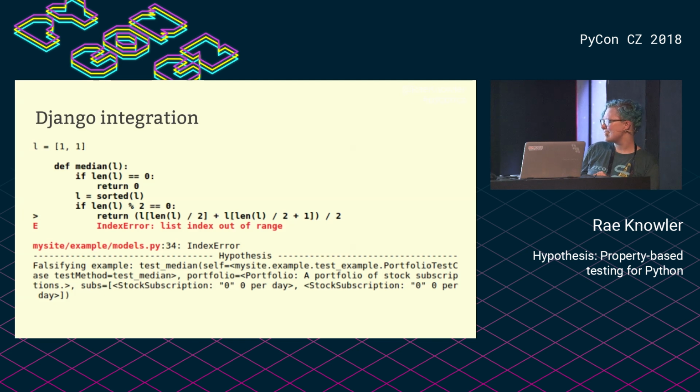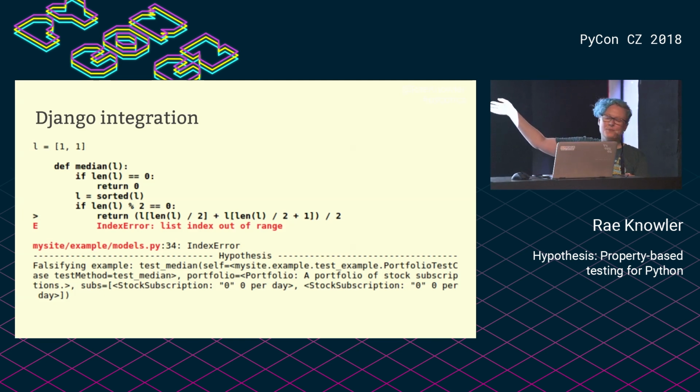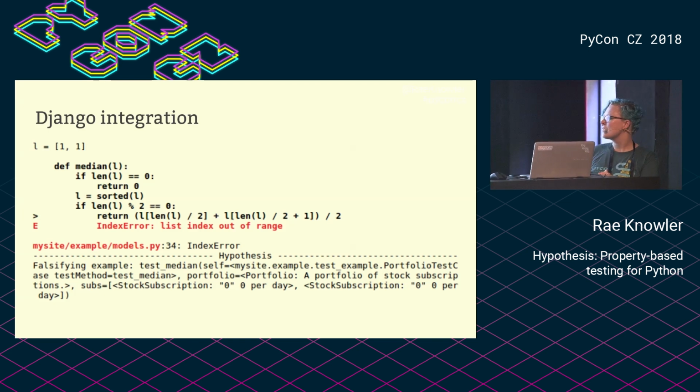Index error, list index out of range. I was not expecting this. And looking down at the falsifying example, it tells me this fails when I have a portfolio which has 2 subscriptions. And of course, if you look in the maths, which is just here, I look first for the thing in the sorted list that has the index of length divided by 2, so index of 1.